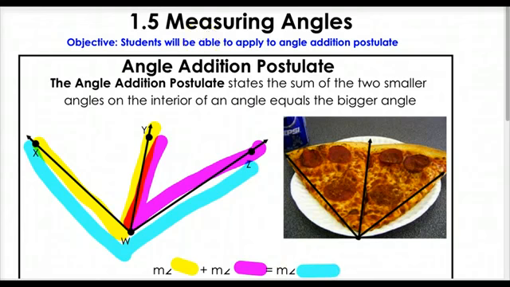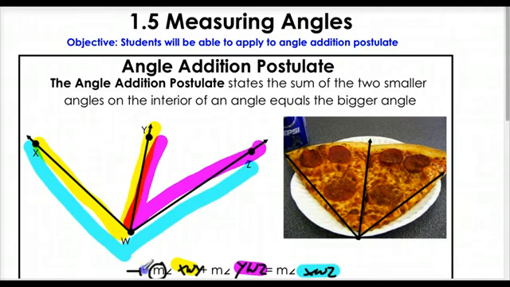All right, so let's write that out. The measure of XWY plus the measure of YWZ is equal to the measure of XWZ. Now, you might be wondering what this m is doing there.